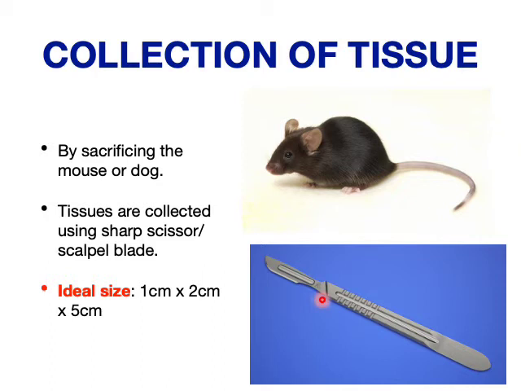Then the sample has to be grasped at the edges so that we prevent damage to the part of the tissue to be studied. The ideal size of the tissue should be 1 centimeter by 2 centimeters by 5 centimeters so that we can use it for proper chemical fixation.